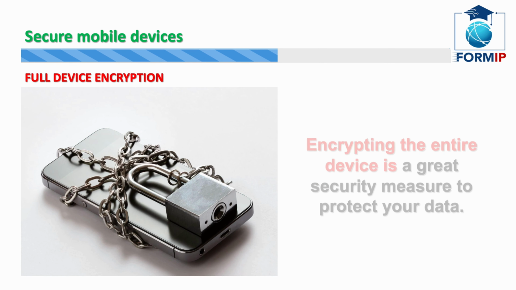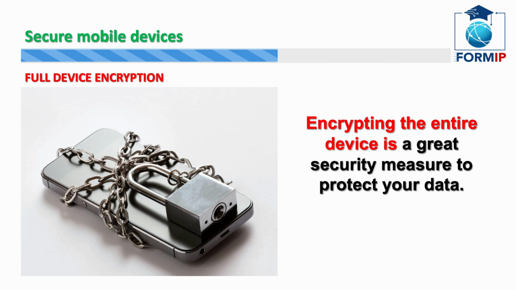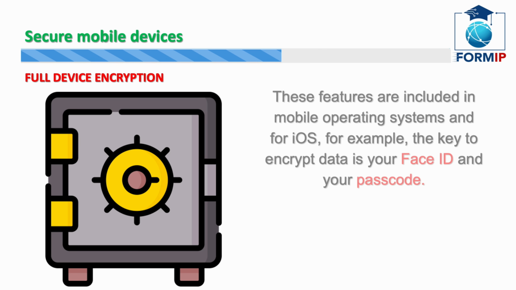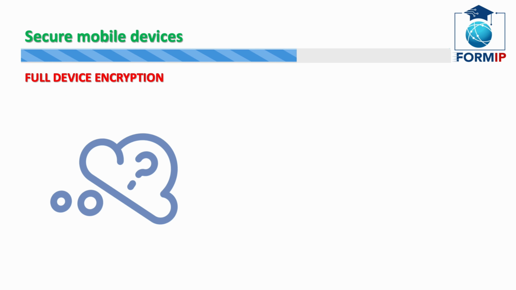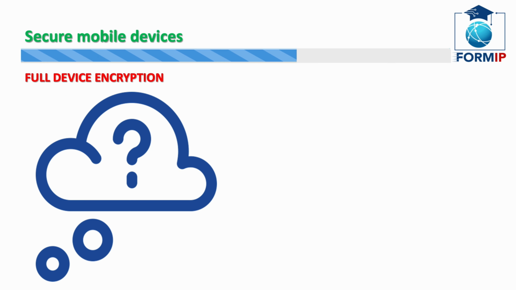Full device encryption. As with computers, encrypting the entire device is a great security measure to protect your data. These features are included in mobile operating systems. For iOS, for example, the key to encrypt data is your Face ID and your passcode. In Android, full disk encryption has been introduced since version 4.4, and it is the password or lock pattern that will serve as the key.